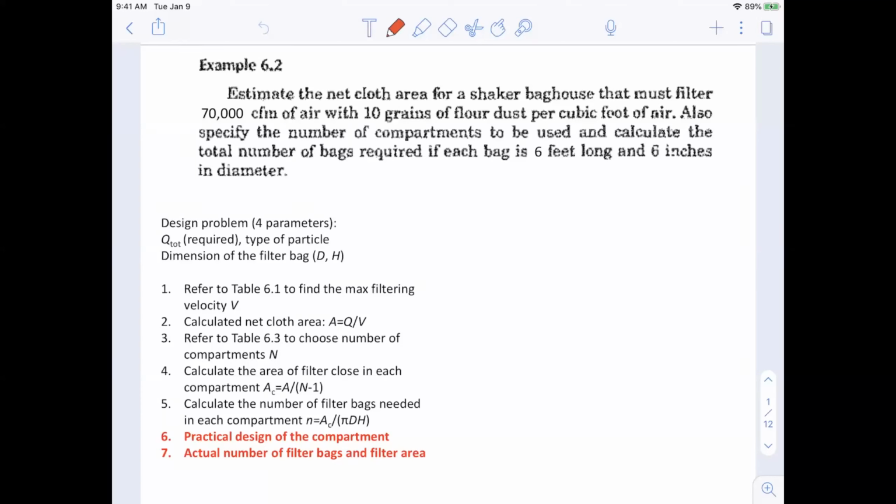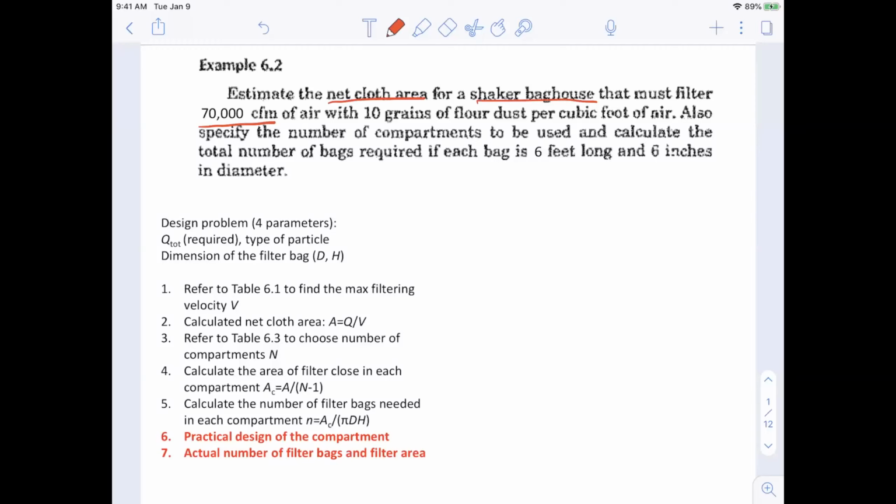This is what the problem states in your homework. It wants us to estimate the net cloth area for a shaker baghouse, filtering the flue gas at a flow rate of 70,000 CFM, that's cubic feet per minute.